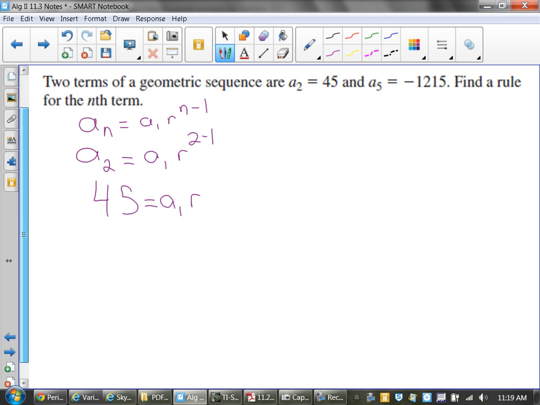Do the same thing with the other one. I know that the fifth term is going to be the first term times the rate to the 5 minus 1. Therefore, negative 1215 is the first term times the rate to the 4th power.